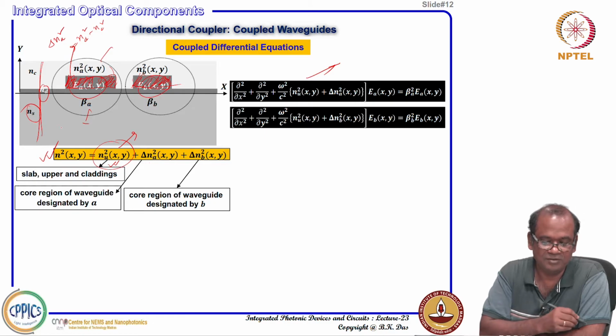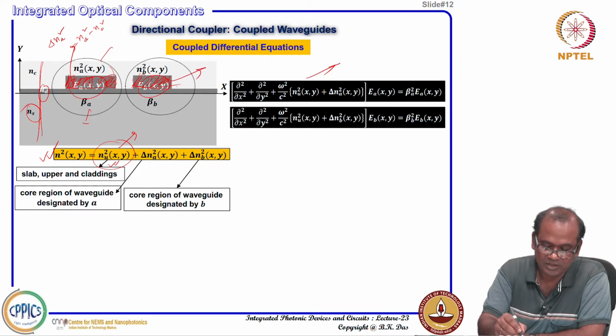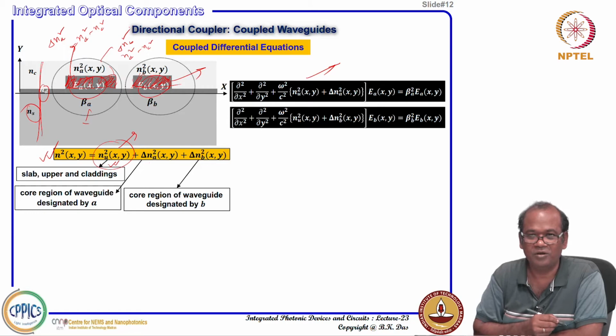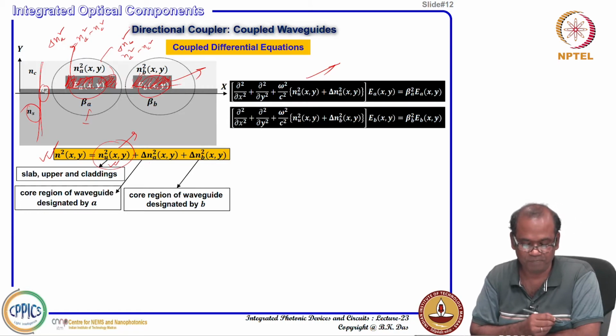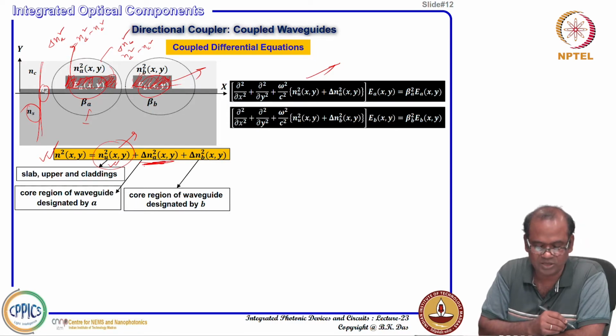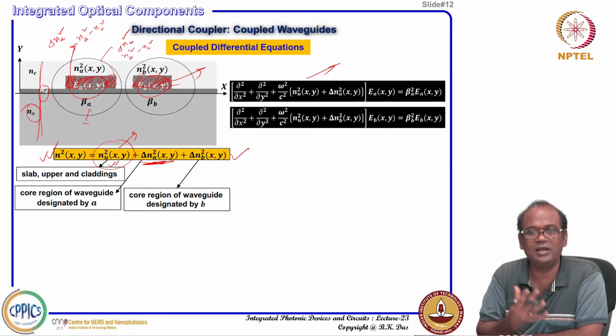Only the presence of this region gives you waveguide A. Similarly, Nd square minus Nc square in this particular region, in this coordinate system, gives you the definition of the refractive index profile for waveguide B.